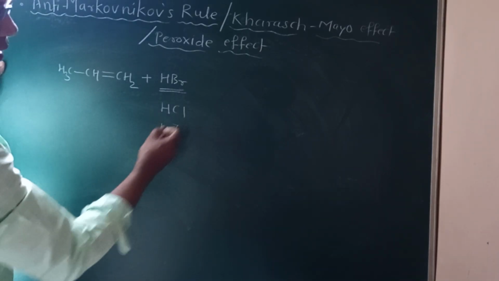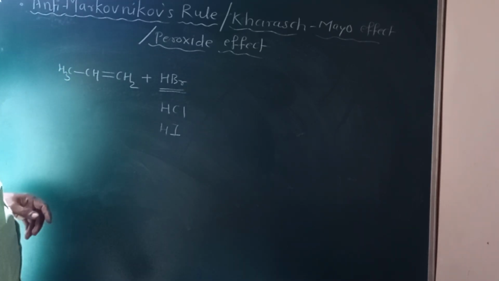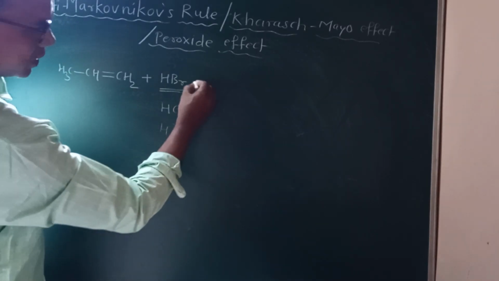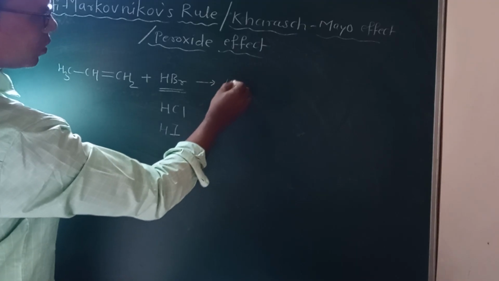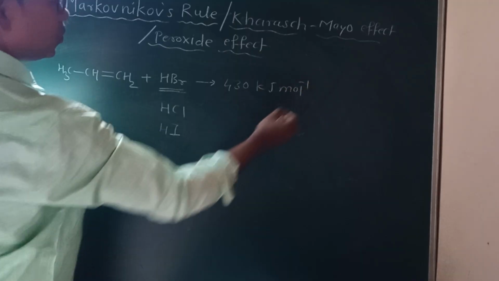Now why? Because, as I said earlier, this anti-Markovnikov's rule follows a radical mechanism. So the amount of energy needed to break the bond, that is the bond dissociation energy of the HBr molecule, is found to be 430 kilojoule per mole.